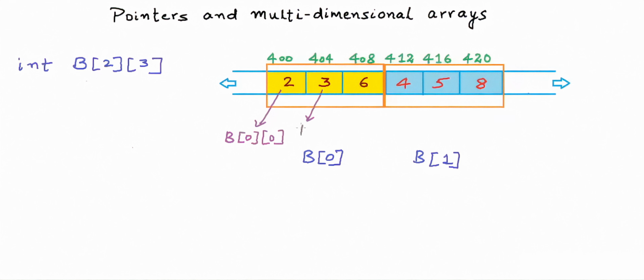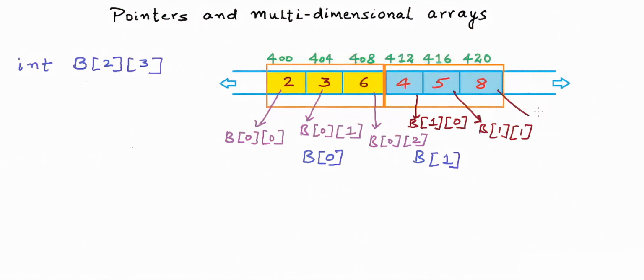The next integer, that can be accessed as B[0][1], the 1st element of B0, will take the next 4 bytes, starting 404, and the next one will be B[0][2], the element at index 2 of B0. Similarly we will have 4 bytes for the 0th element of B1, 4 bytes for the 1st element, and 4 bytes for the element at index 2 of B1.